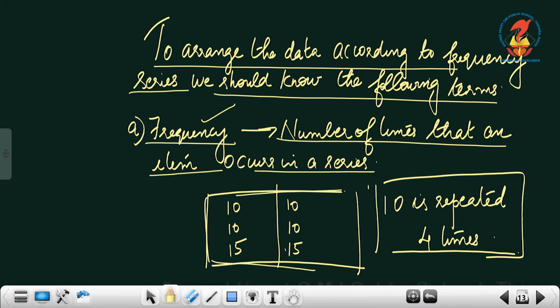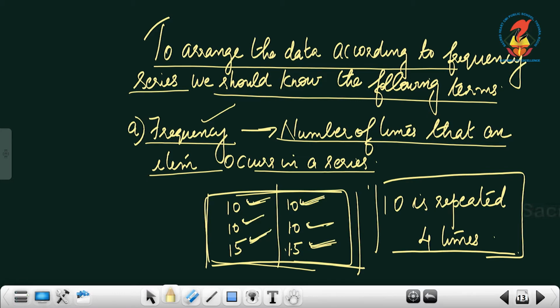This is a table of marks in English: 10, 10, 15, 10, 10, 15. How many are there? 1, 2, 3, 4, 5, 6. This is raw data, and these are 6 students. Let us imagine these are the marks secured by 6 students.